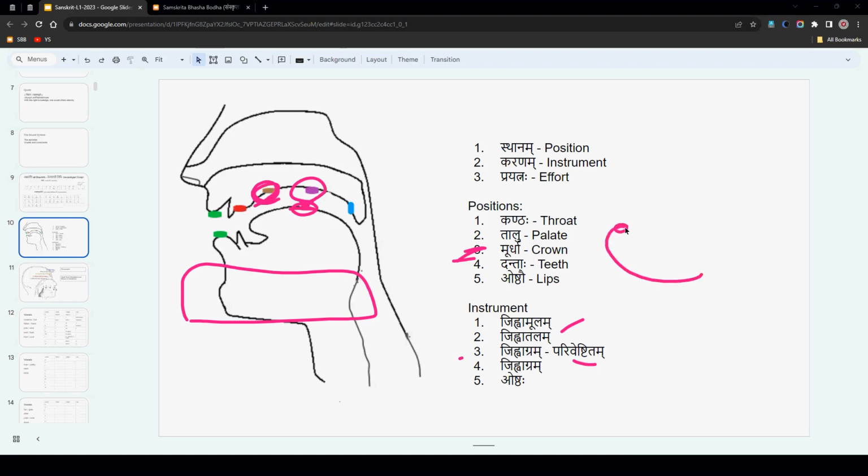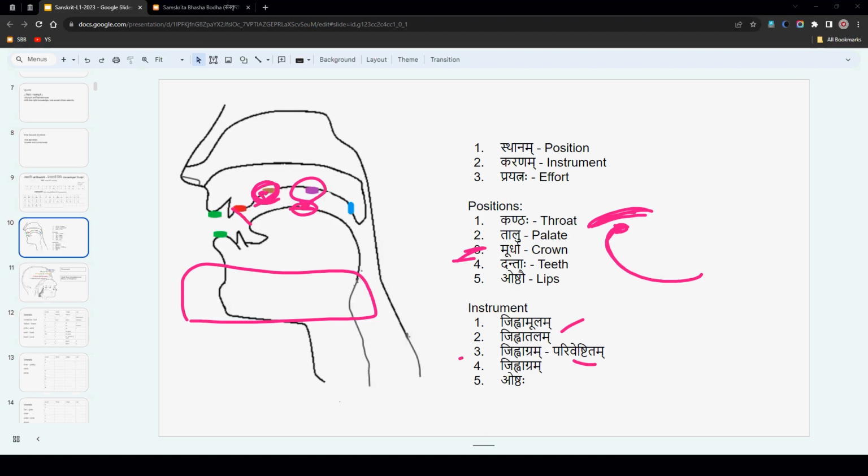So the tongue goes like this, and it touches the top part inside the mouth here. You can experience that when you say ta, tha, da, dha, and na. Then the next one is ta, tha, da, dha, na with jihvagra. Jihvagra means the tip of the tongue, no rolling.